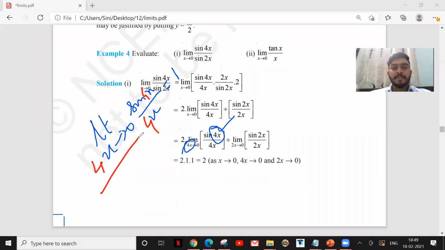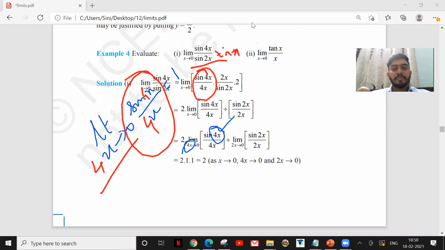But the important thing in this particular problem is limit sin 4x by sin 2x. I have to bring it to this form. So I have to have it by 4x, but 4x is not here. So I will multiply by 2x into 2. You got the point.